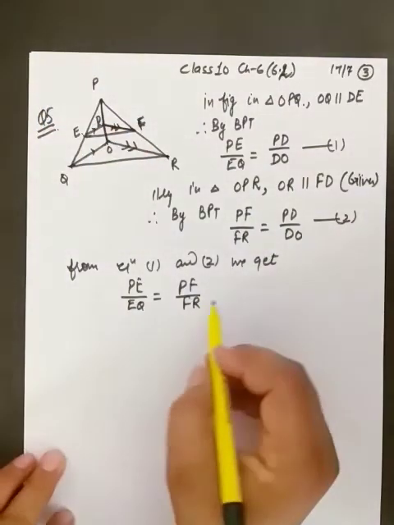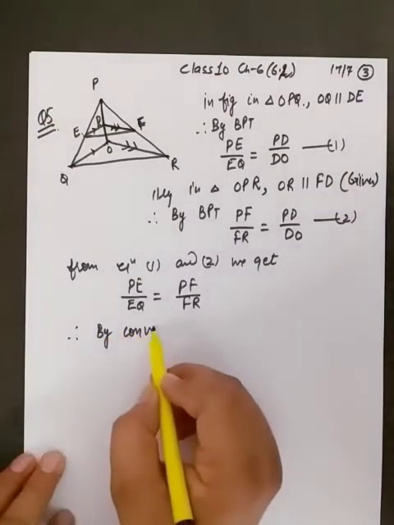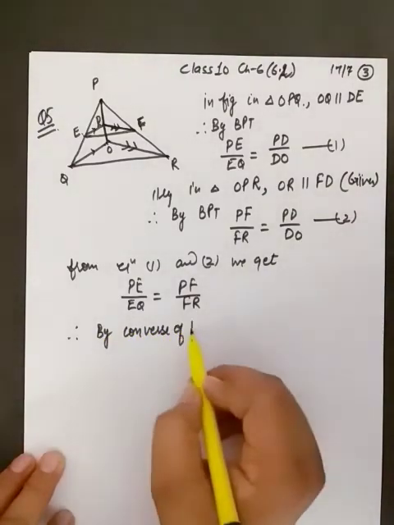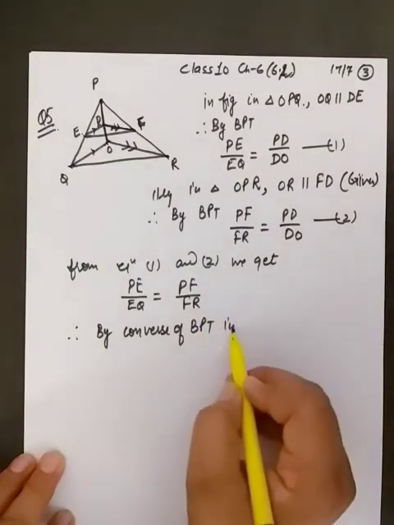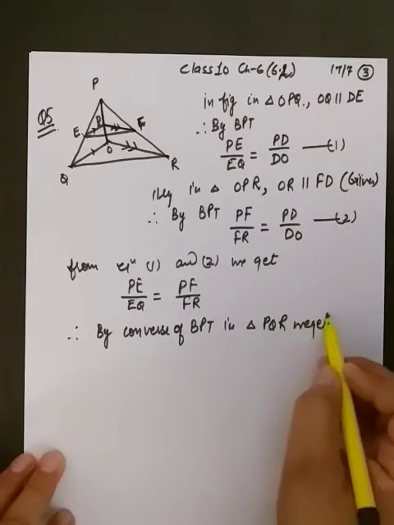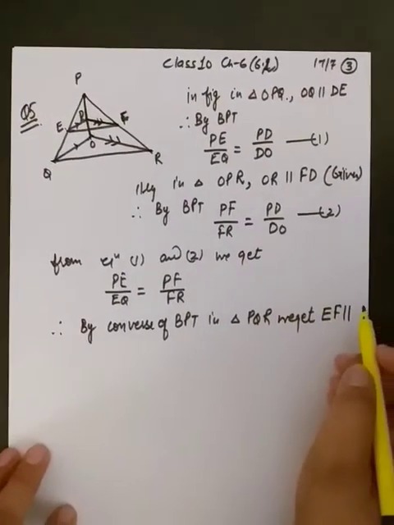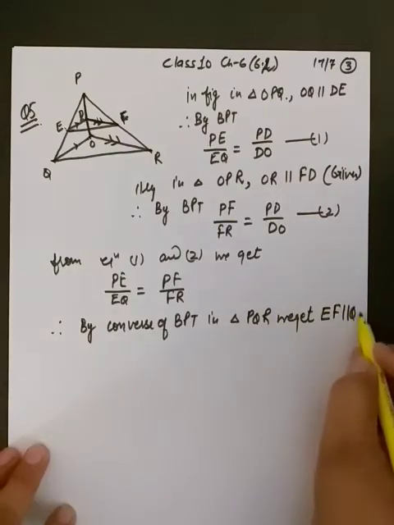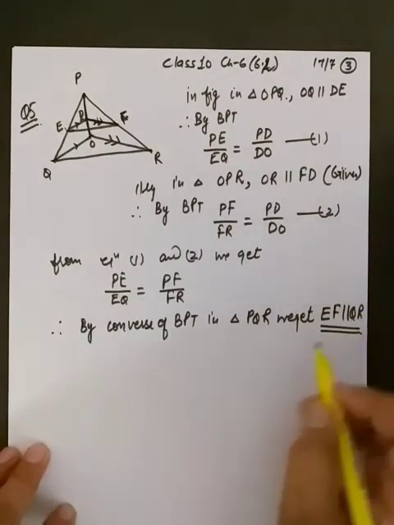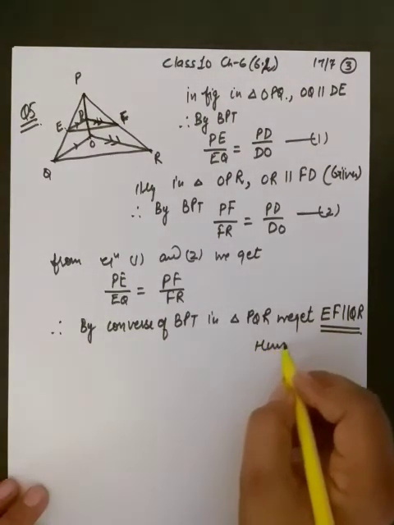So therefore by converse of BPT, in triangle PQR we get EF parallel to QR, and this is what we had to prove. Hence proved.